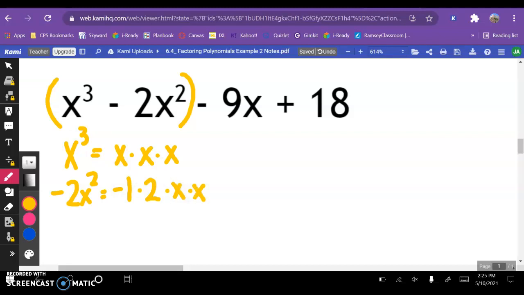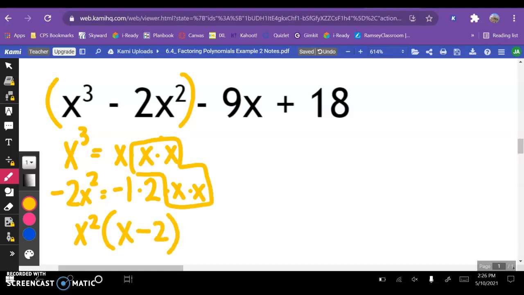And then you look, what do they have in common? The only thing they have in common is 2 x's. So they have x squared in common, and then you write what is left over. X to the third power has 1x left, and -2x squared has -1 times 2 left, so that would be a -2.